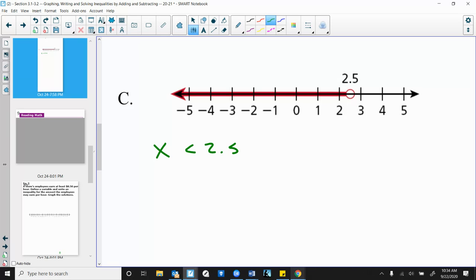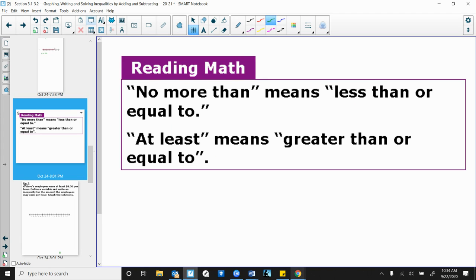We good? All right, let's try it out one time here. I think I have a little reading math here. I try to avoid any of these slides at all costs because nobody likes to read math. But it says no more than means less than or equal to. Think about that. If I tell you, Kaden, there is no more than 20 questions on the homework assignment tonight, what are you expecting?